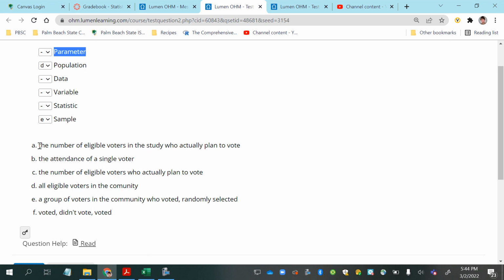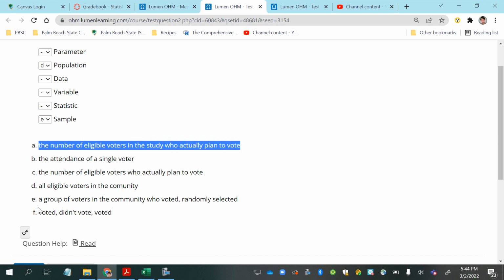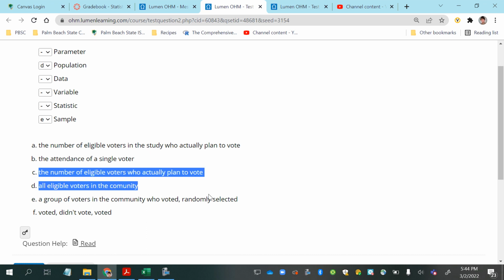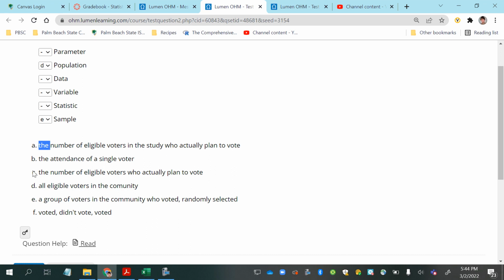Here we have the number of eligible voters in the study who actually plan to vote. And here also we see the number of eligible voters who actually plan to vote. There's a very small difference between these two, but I know that each of those two, option A and option C, are going to match up with either parameter or statistic because it says the number.